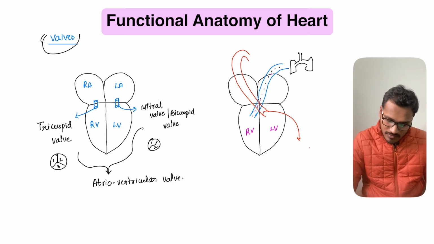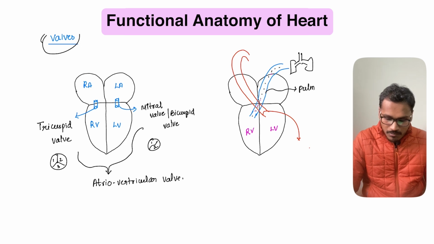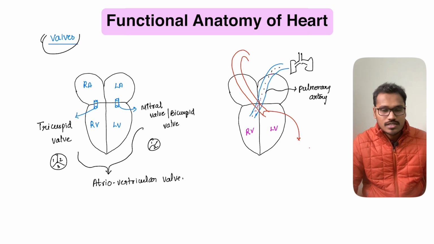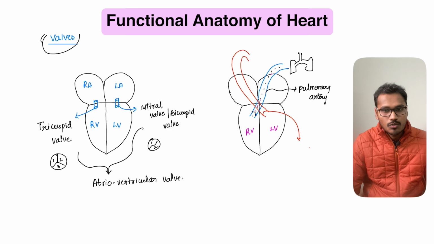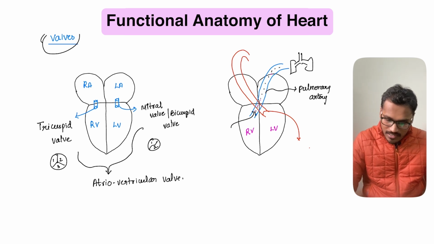This artery is our pulmonary artery. Pulmonary means the lung. So it is going to the lung, so it is called the pulmonary artery. And there is a valve guarding the opening between the right ventricle and the pulmonary artery. That valve is, again very simple, the pulmonary valve.